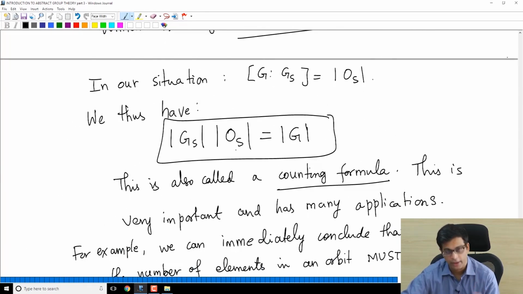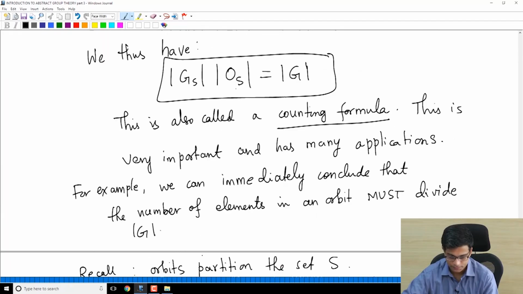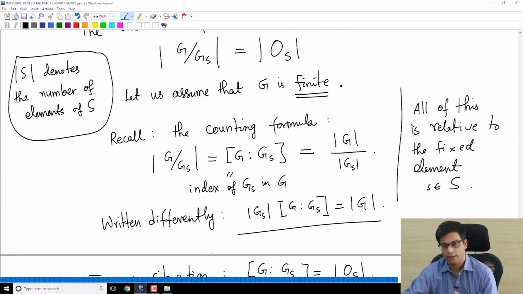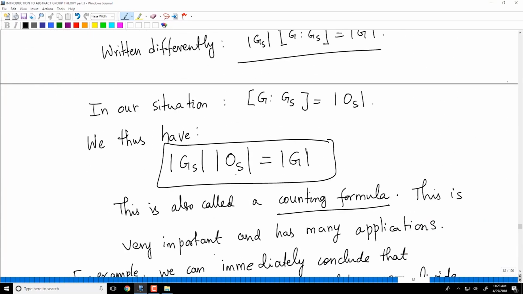So let me recall, we have made two observations in this video. One is that if G is a finite group acting on a set S, and you fix an element small s of capital S, that's very important, then the order of the stabilizer times the order of the orbit is equal to the cardinality of the group itself.